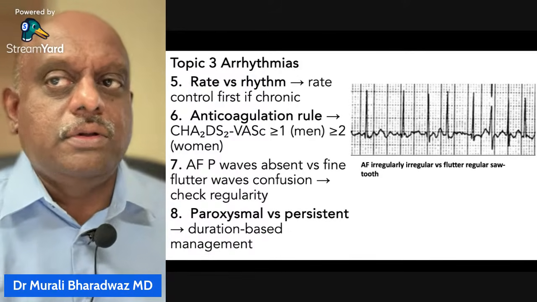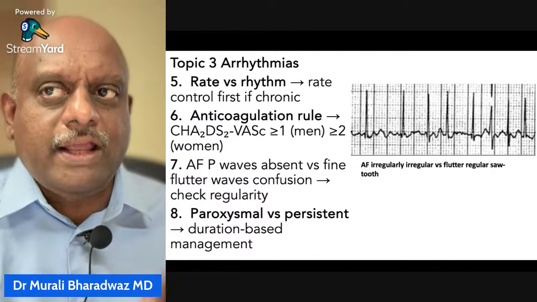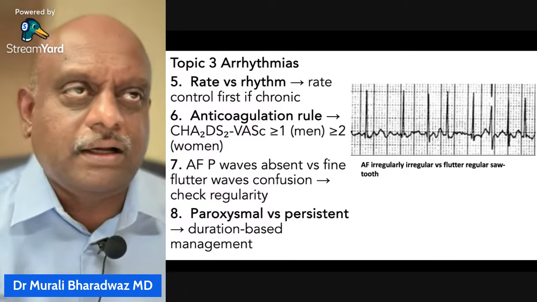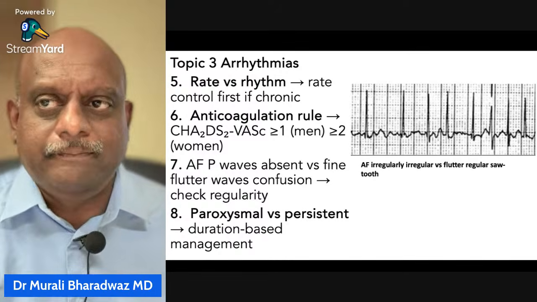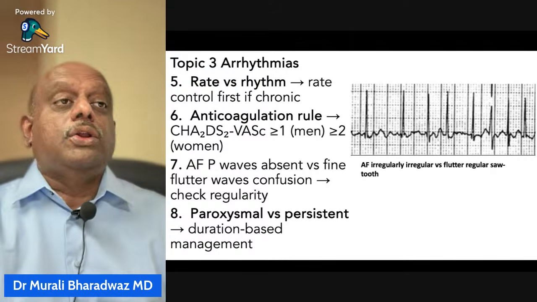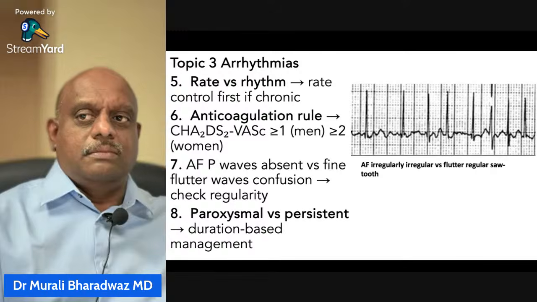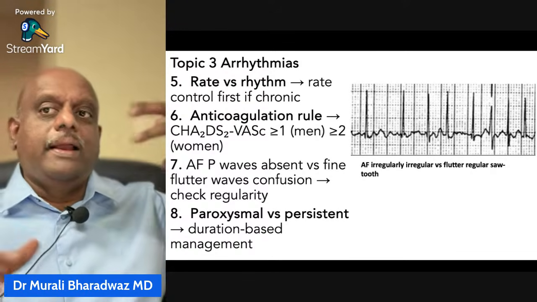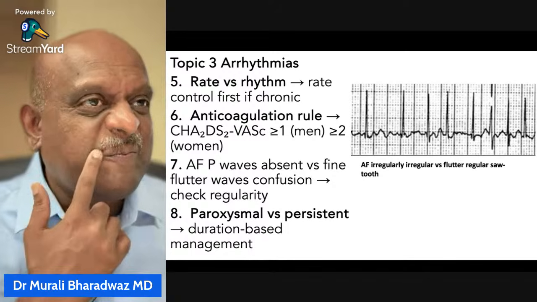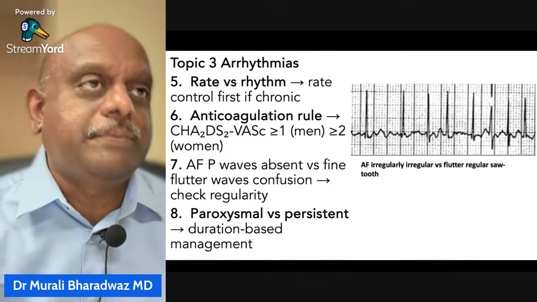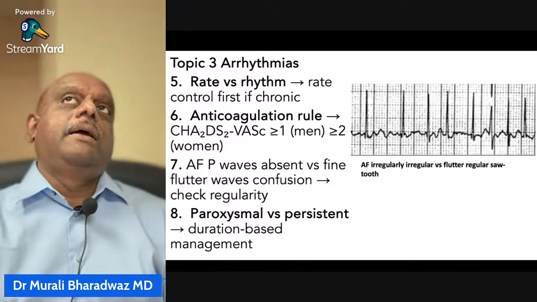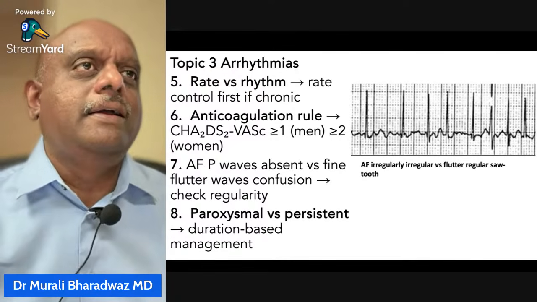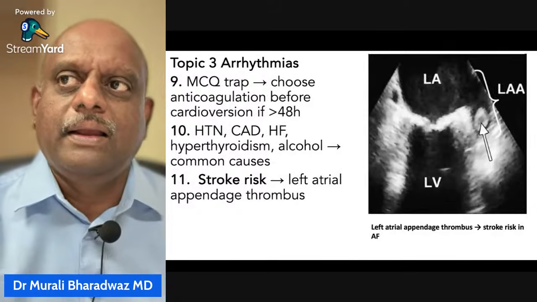Mainly you need to know what C means, what H means, what A means, etc. You can just remember the acronym. So flutter waves are sawtooth, whereas in atrial fibrillation P waves are absent, right? Then AF is divided into paroxysmal versus persistent atrial fibrillation, right?